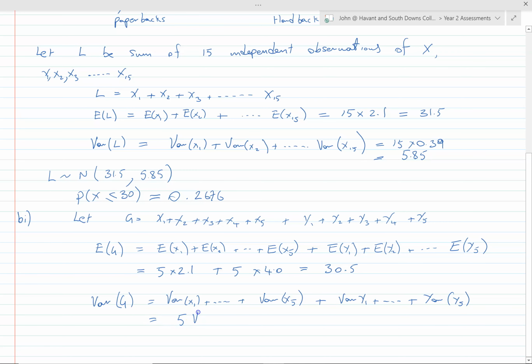So that's 5 times variance of x plus 5 times variance of y, so that's 5 times 0.39 plus 5 times 1.56, and that equals 9.75.